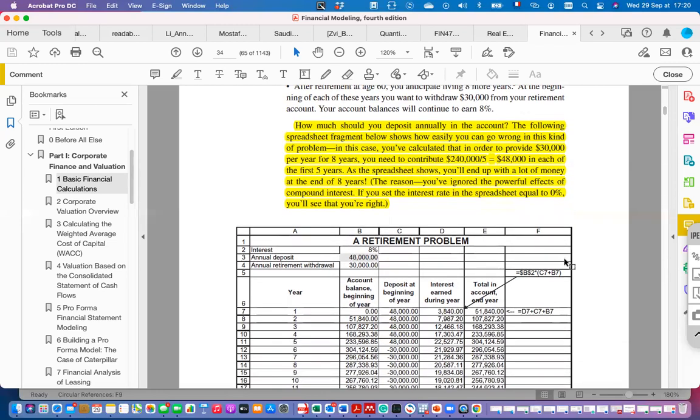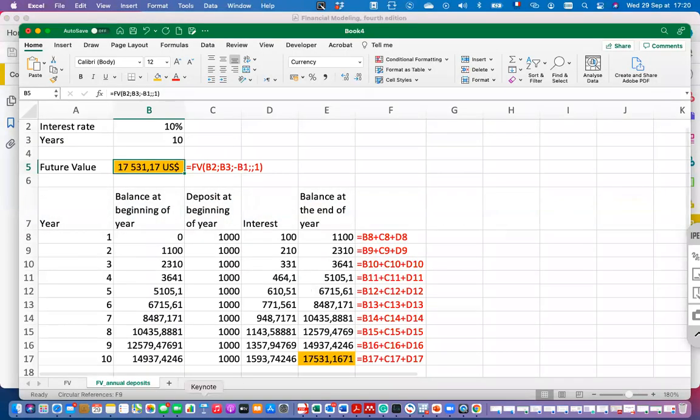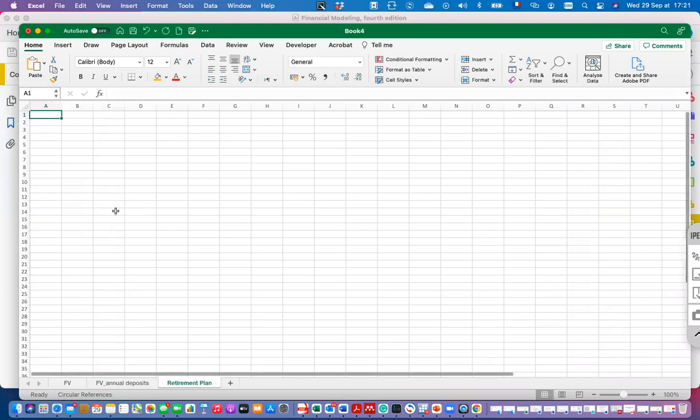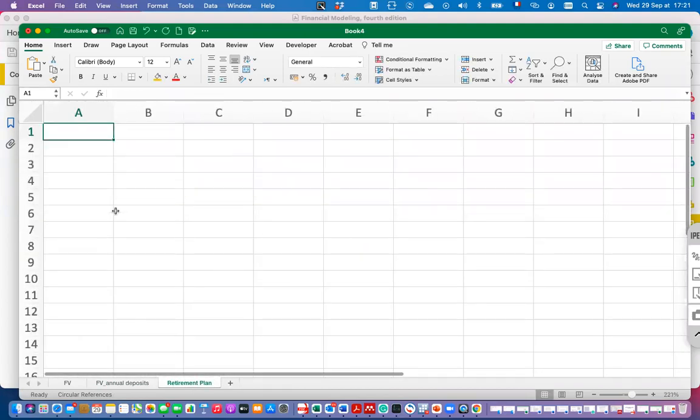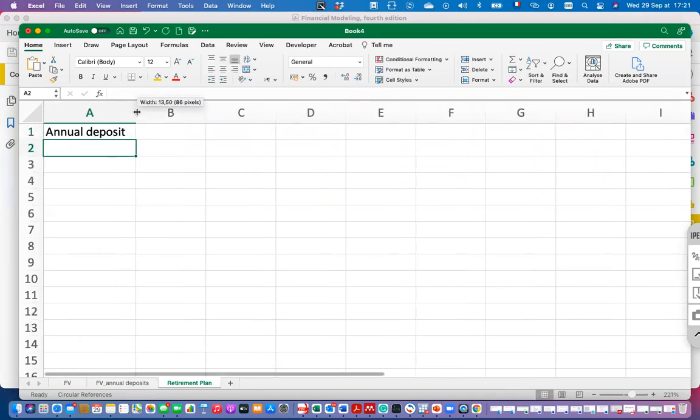So we will build a new table with 5 columns, right? Let me just go once again to Excel. I will open a new sheet and call it retirement plan. So I have to make an annual deposit during my professional career.